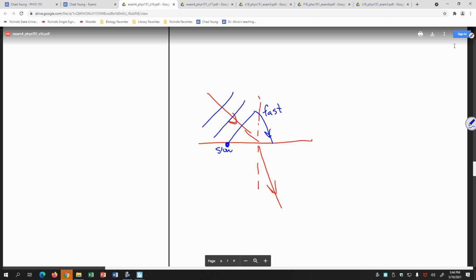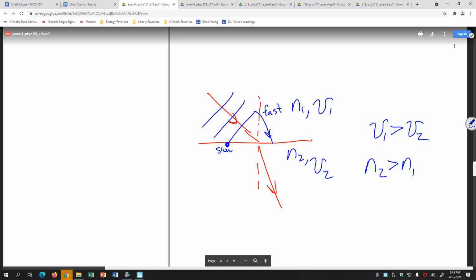So if I ask about the velocity, if I call this V1 and this V2, V1 is bigger than V2. It's traveling faster in the top medium. And if I ask about N1 and N2, well, in slow mediums, like N2, the index of refraction is bigger than it is in fast mediums.